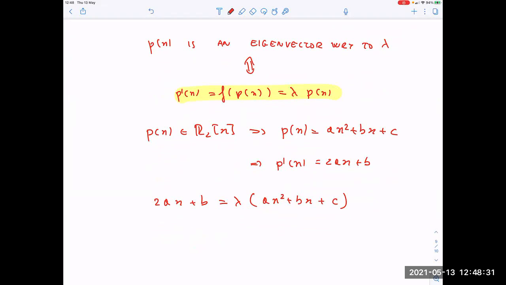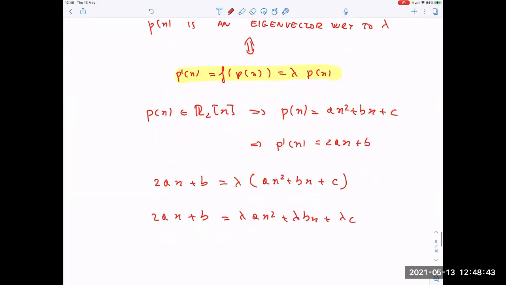Well, 2ax plus b must be equal to lambda ax squared plus lambda bx plus lambda c. And you see, this is an equality of polynomials. So to find the eigenvectors, I need to find polynomials satisfying this property.